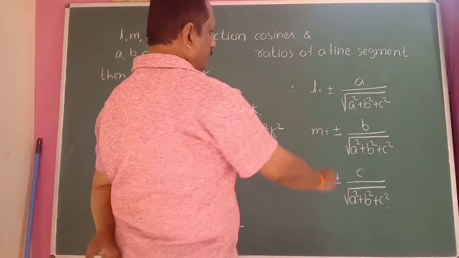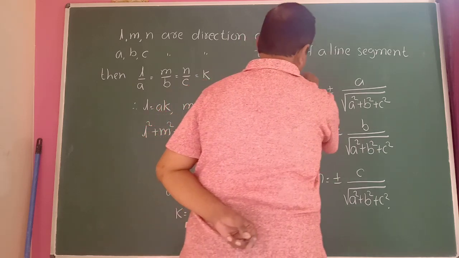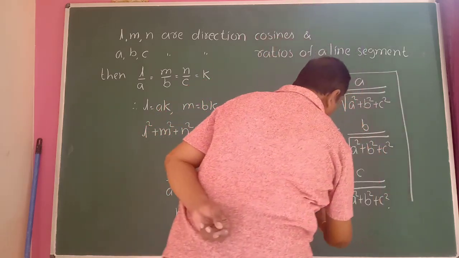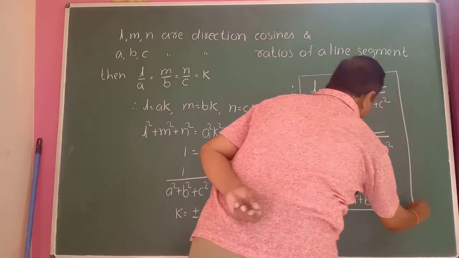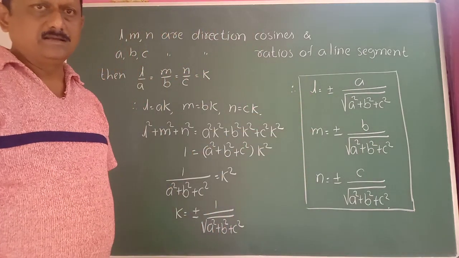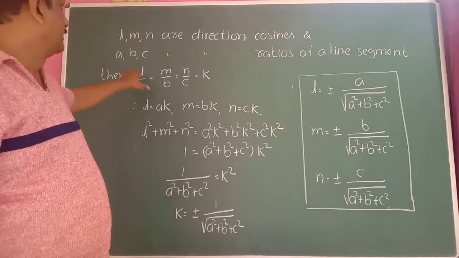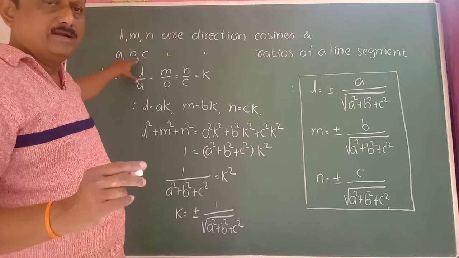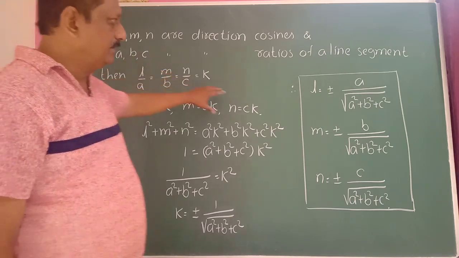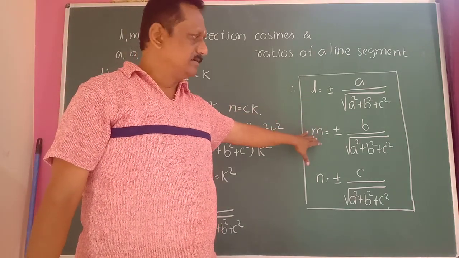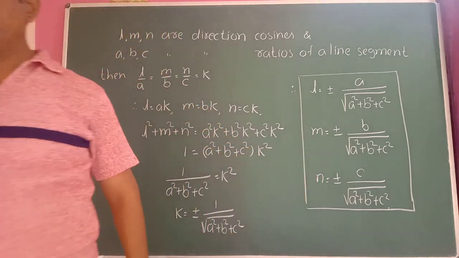So if you know the direction ratios a, b and c and want to find the direction cosines, you can use this formula.